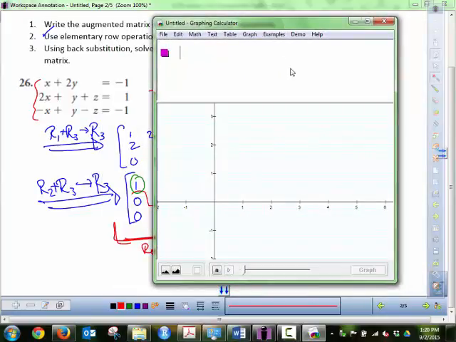I'm going to start with the bottom one, because I think I need three variables for my first equation. So minus x plus y minus z is equal to negative 1. 2x plus y plus z is equal to positive 1, and x plus 2y, there's no z's, is equal to negative 1.